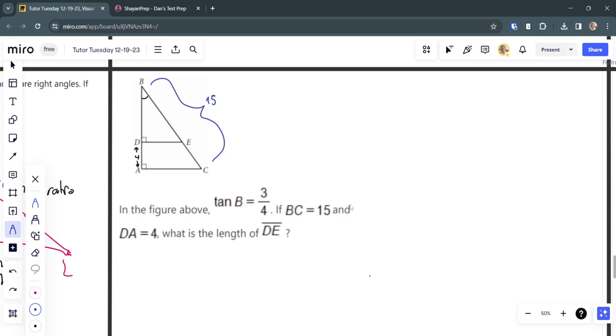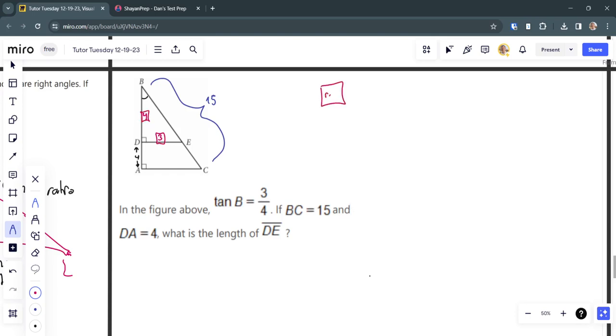What I think is maybe we could find the side length of this entire thing. Tangent of B is equal to the opposite over adjacent, right? So let me mark this and this as 3 and 4.